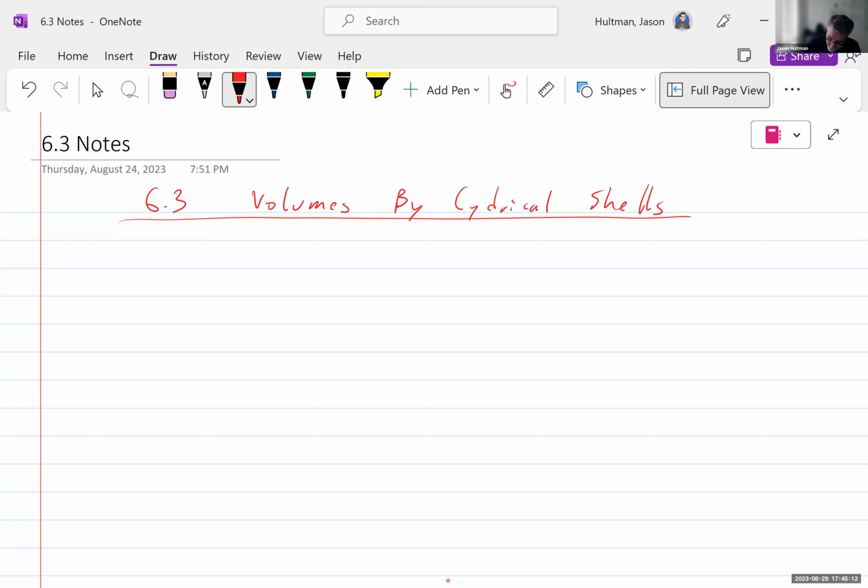So the main idea here for cylindrical shells is this: if I have a curve and I want to revolve this curve about the y-axis, then I can think of this as little strips that are getting revolved about the y-axis, where the height of this strip is f of x, and the width of this strip is what we would call delta x.